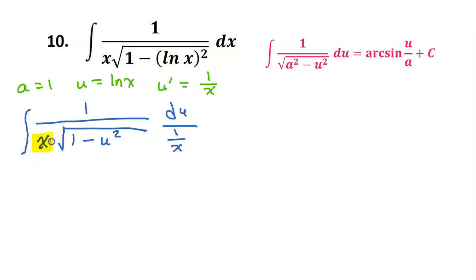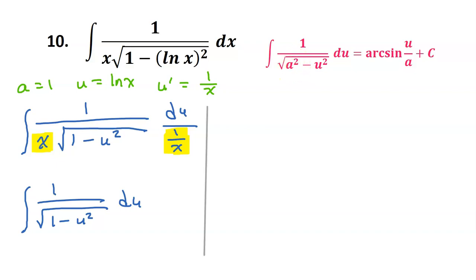Notice that we have this x, which will multiply by 1 over x to make 1. In other words, these cancel each other out. So on the next step, we will just have the integral of 1 over the square root of 1 minus u squared du. This is a perfect match for the rule.